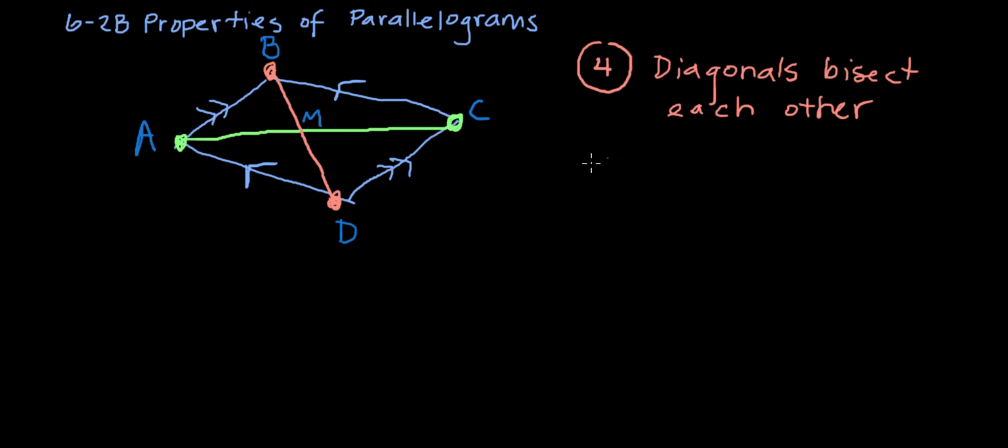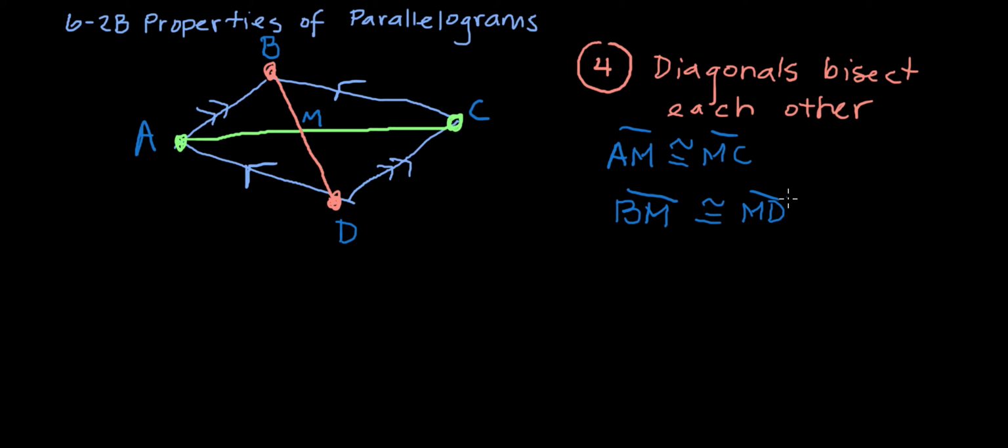So the idea is you can now say that segment AM is congruent to segment MC. But that's not the only thing we can say, because that's just for the green line. We can also say the same exact thing for that orange line. We can say that BM is congruent to MD.